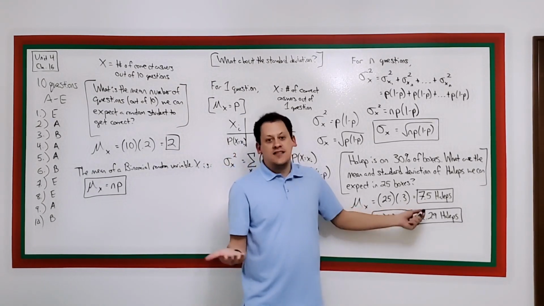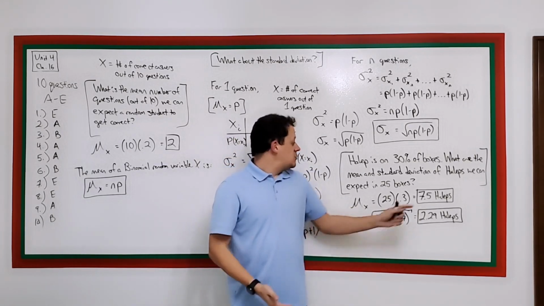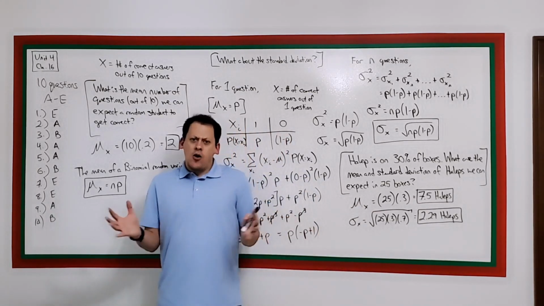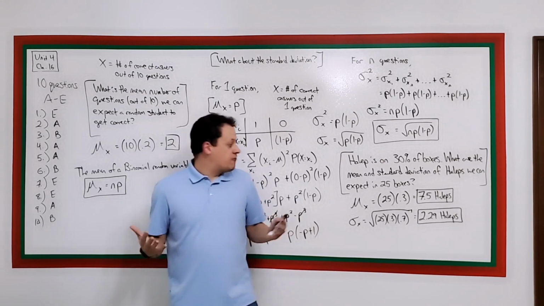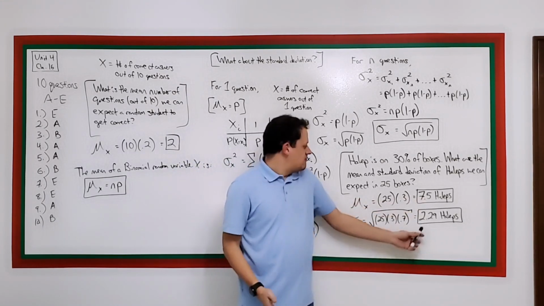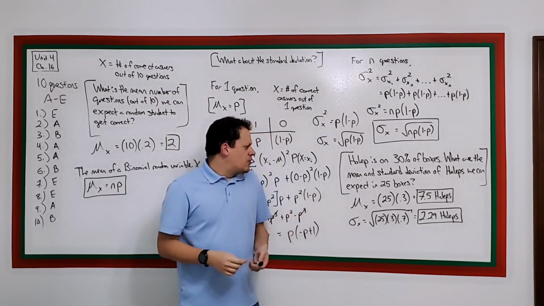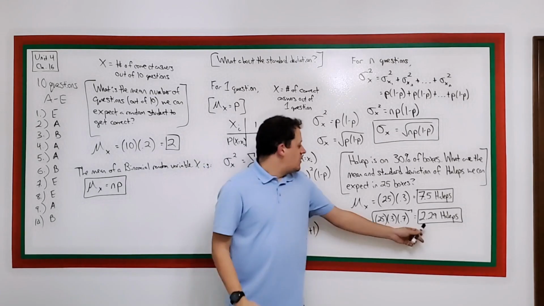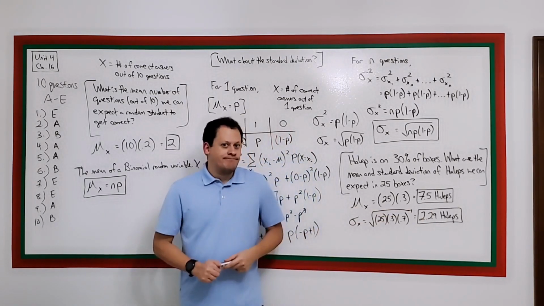Sometimes you get 7, sometimes you get 12, sometimes you might not get any, but on average it's 7.5. And the standard deviation, how many Haleps do we expect to vary from this mean on average? About 2.29. So if we were to only get like 1 or 2 Haleps, that'd be really unusual because it's more than 2 standard deviations from the mean, for example.